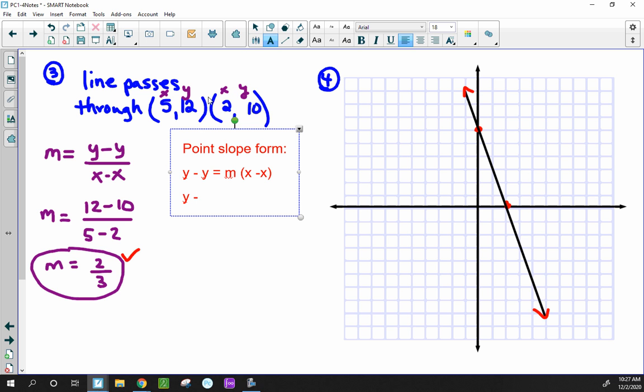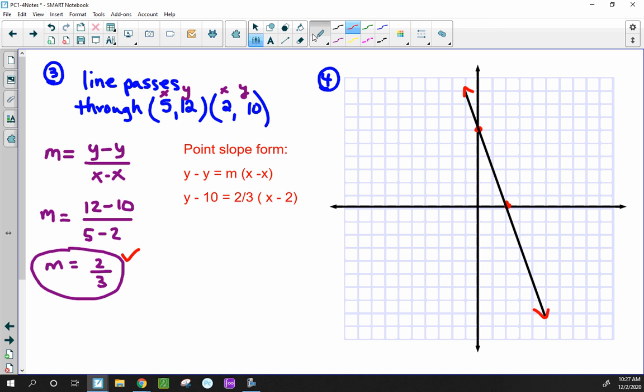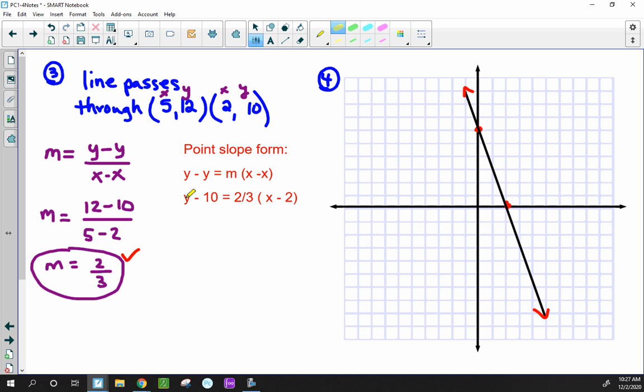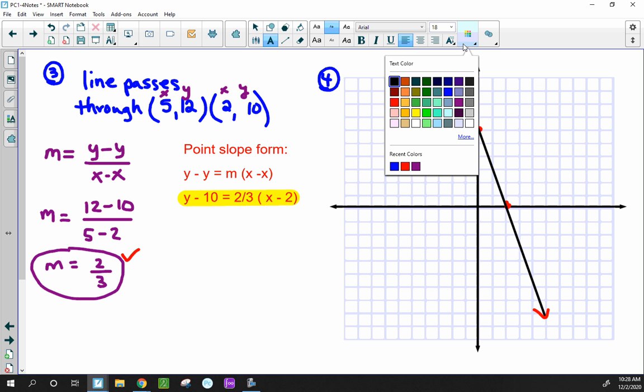I'm going to just pick the (2, 10). So I'm going to put a 10, sorry, in place of y1. My slope is 2/3. And then x minus 2. All I did again is substitute in the appropriate places, and I have one of my answers.